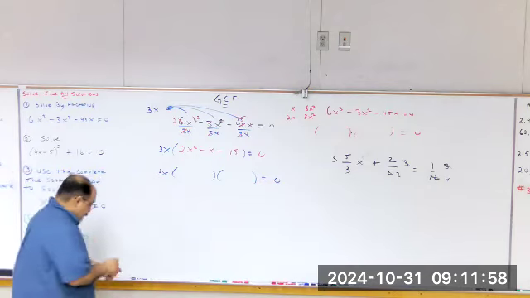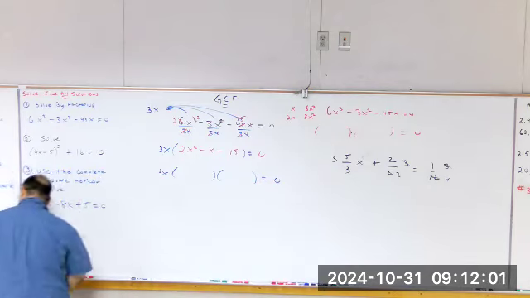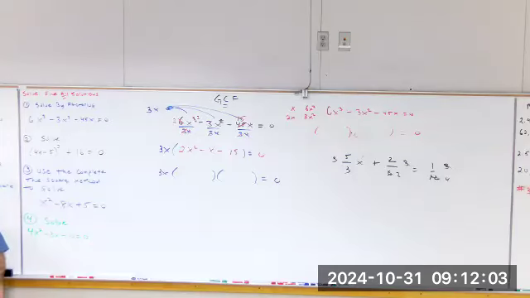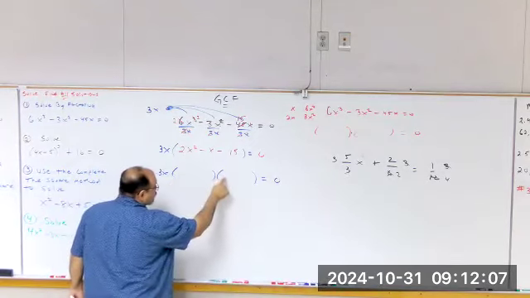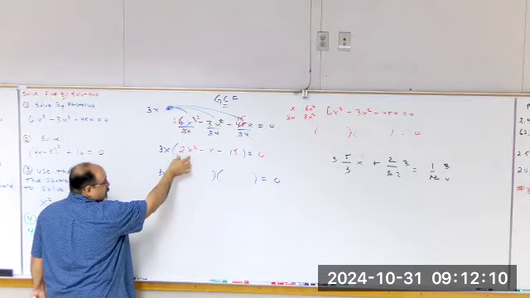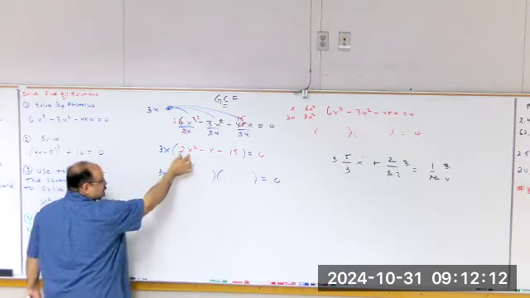First thing you do, ask yourself this question. First times first equals the first term. First times first is 2x squared. So what times what would make 2x to the second?